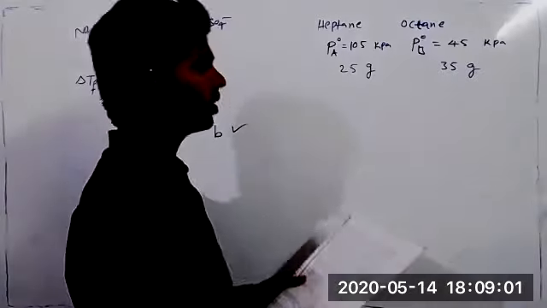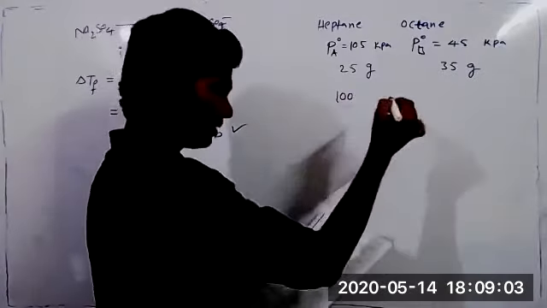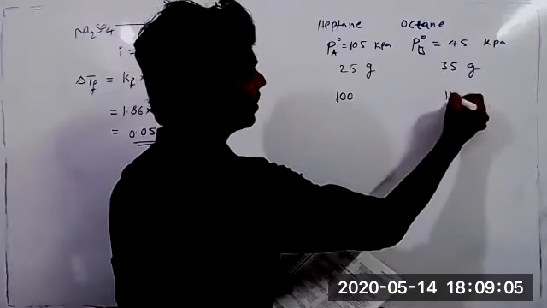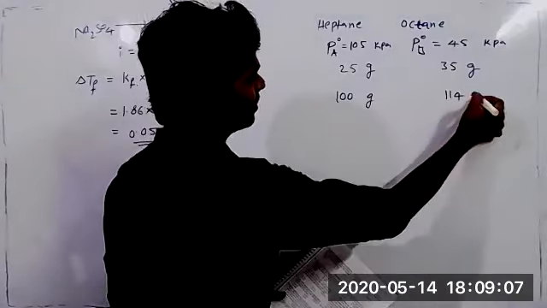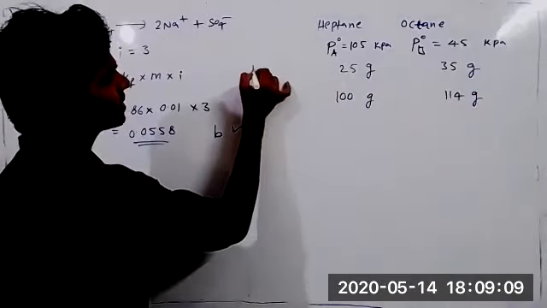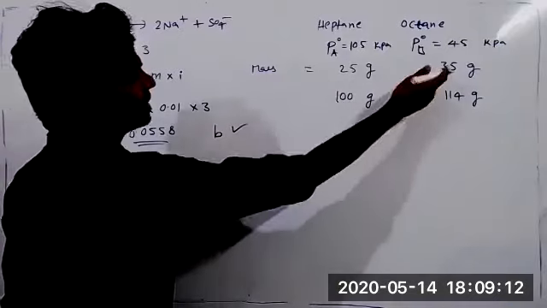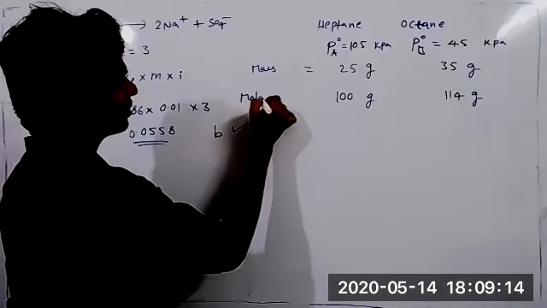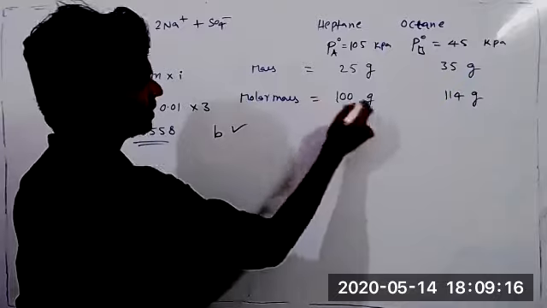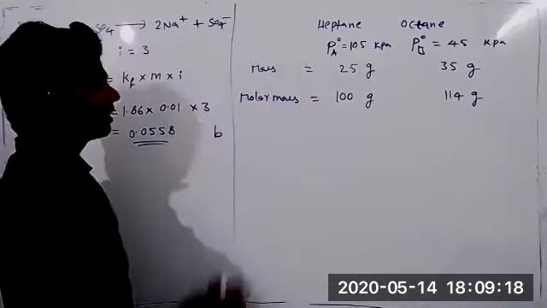Along with this, molar mass of heptane is 100 and molar mass of octane is 114. These are the values.